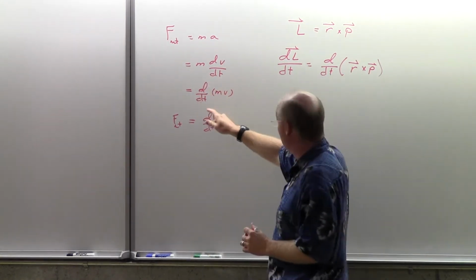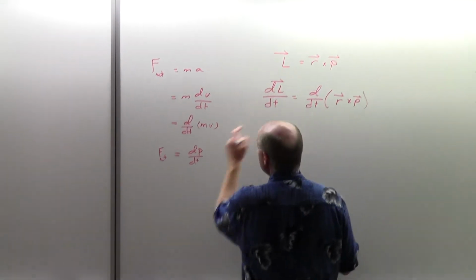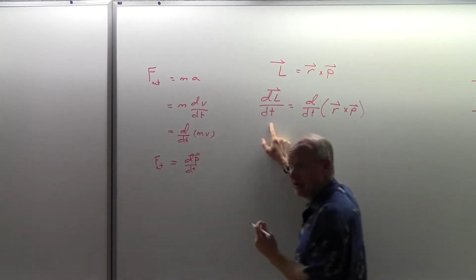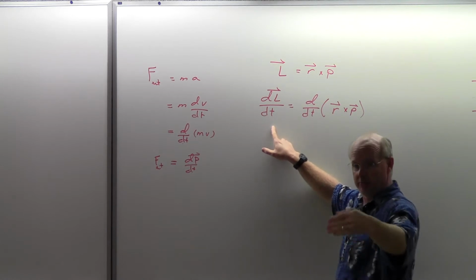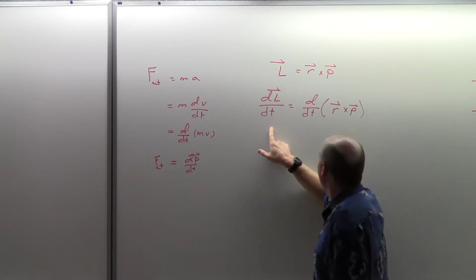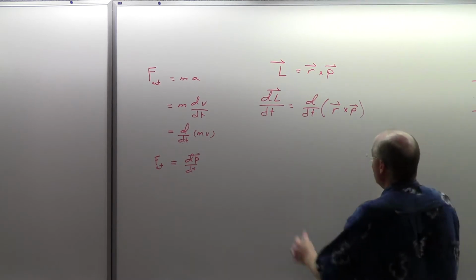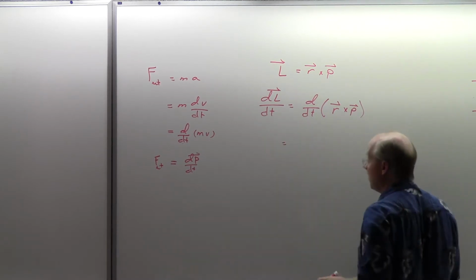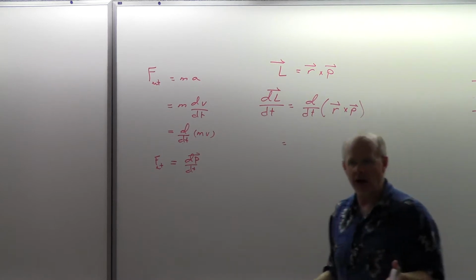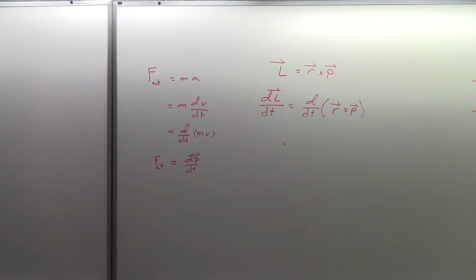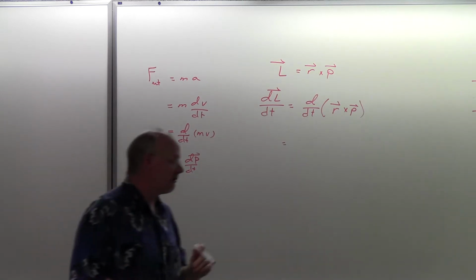If you compare this to what we did for linear momentum, the derivative of linear momentum with respect to time looks like this, and this is the derivative of angular momentum with respect to time. What does it equal? Well, this might be a little harder derivative to do because it has two pieces to it. But again, you know how to do a product rule, although you may have never done a derivative of the product that is the cross product of some vectors. So maybe we better go through this for the first time.